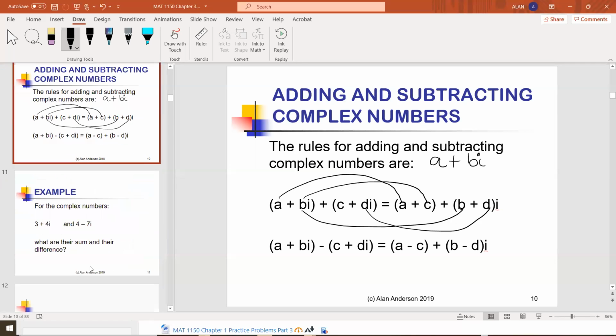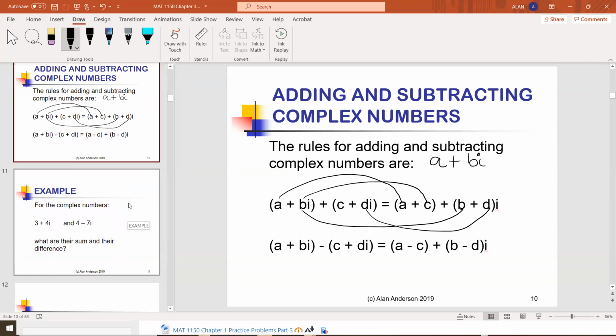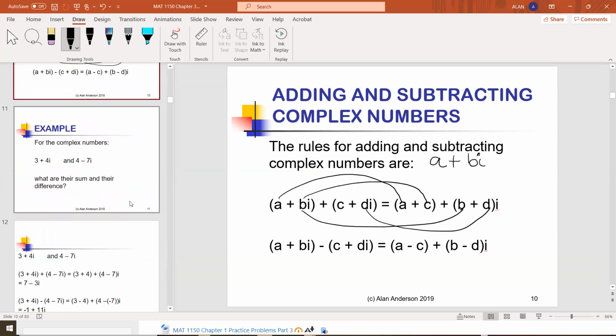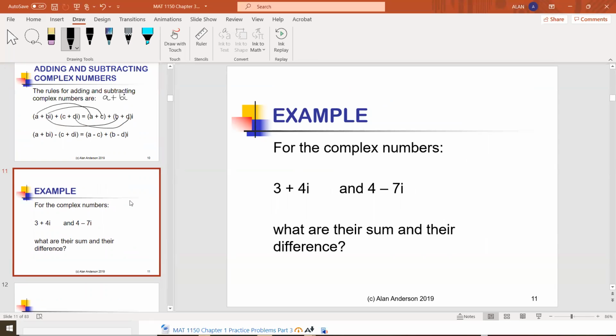All right, so let's look at some examples. As a matter of fact, why don't we do this? Why don't you write down on a piece of paper the sum of these two terms and the difference using the rule we just established.